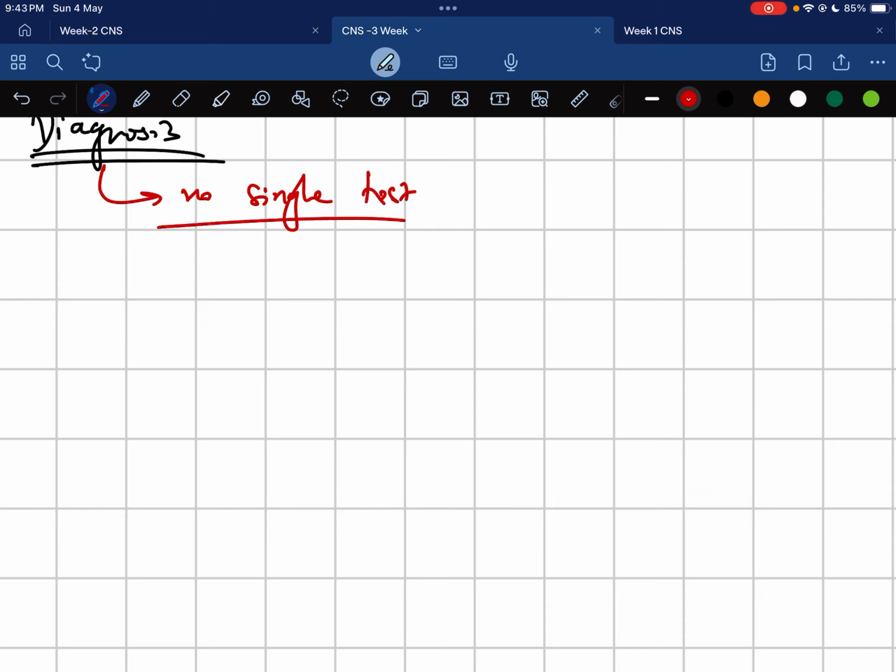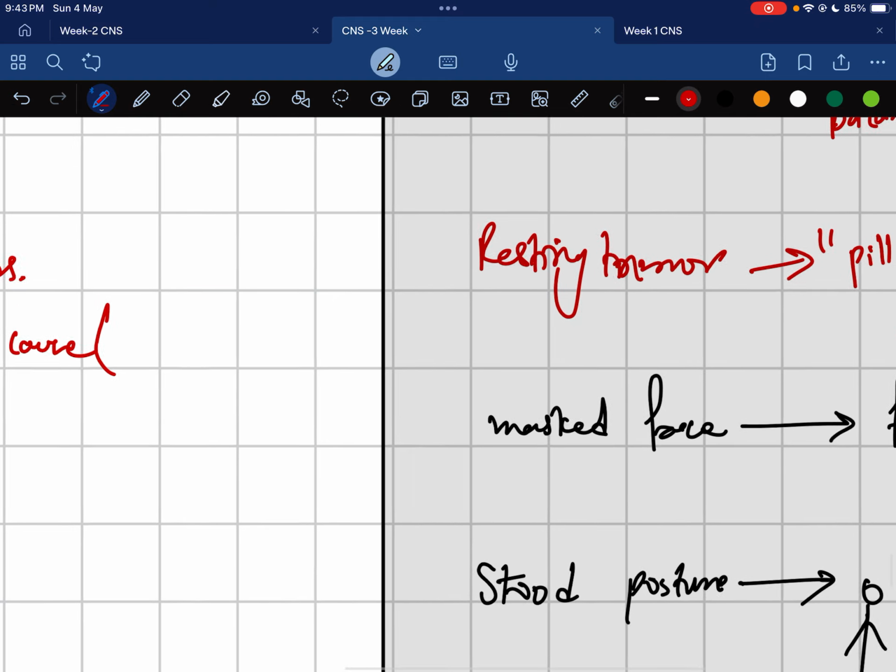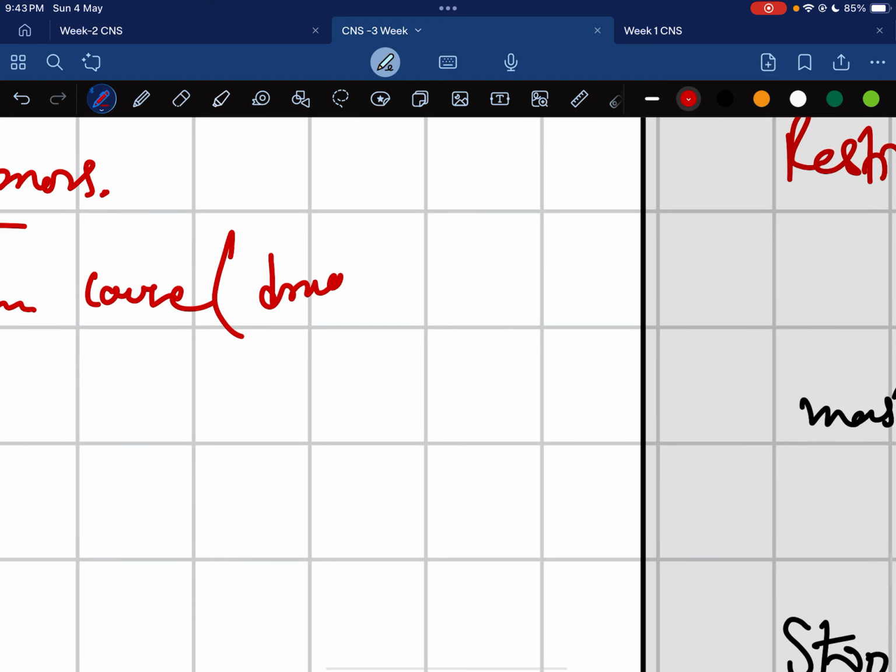In the clinical diagnosis, if the patient presents with bradykinesia, rigidity and tremor, without any other cause like drugs or toxins, you can diagnose.